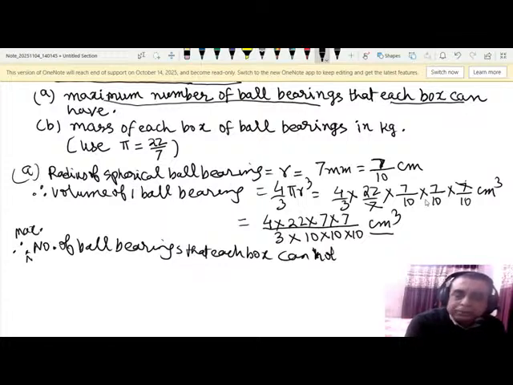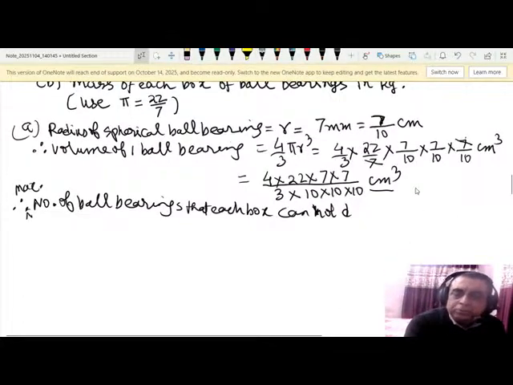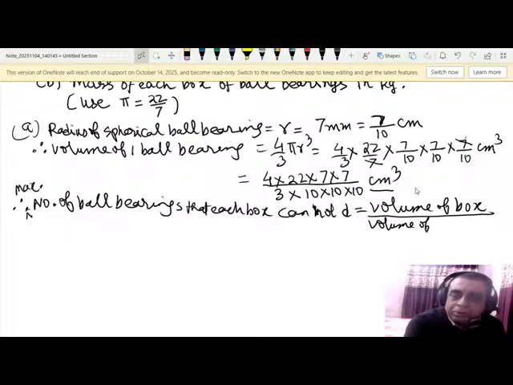So what will be the formula? You have to divide the volume of the box by the volume of one ball bearing. You will get the maximum number of ball bearings that the box can hold.